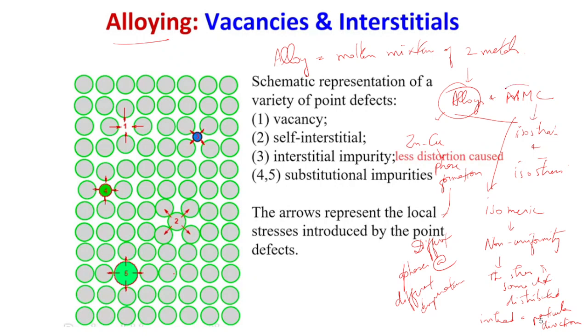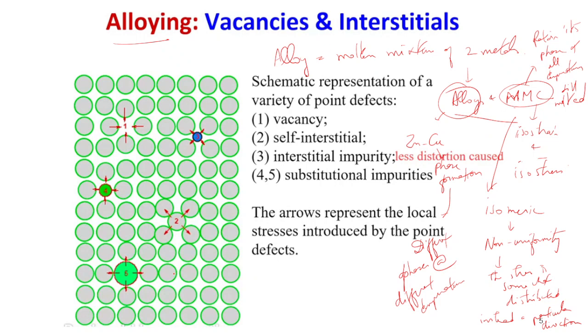Whereas when you take a metal matrix composite, it will retain its phase at all temperatures till it is melted. So this is the key difference between alloys and metal matrix composites.